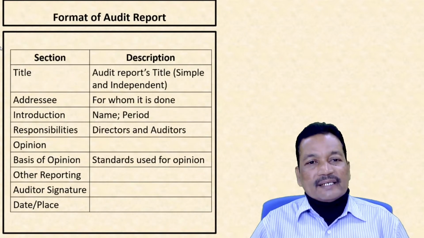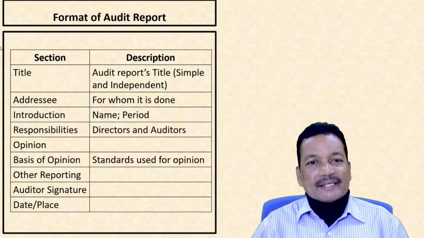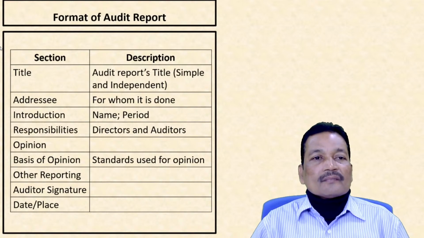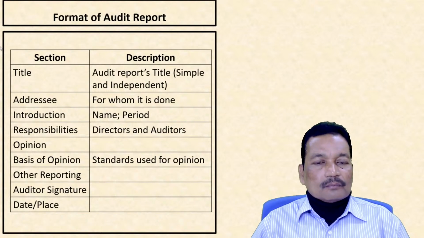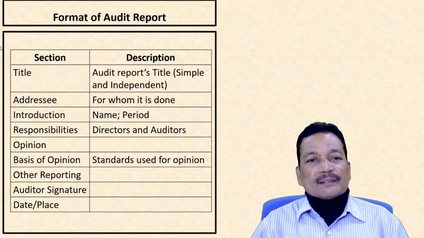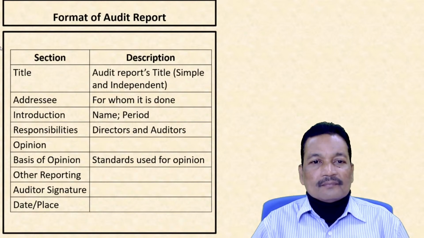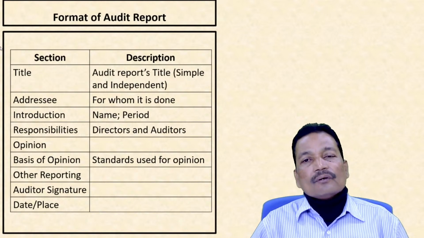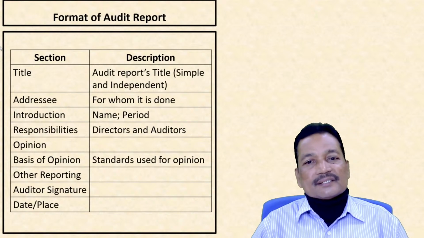Format of audit report. Now once an audit is completed, the report is prepared by the auditor and this is the general format of an audit report. We can see in simple terms, first section is title. Audit of a particular activity for the period this to this.